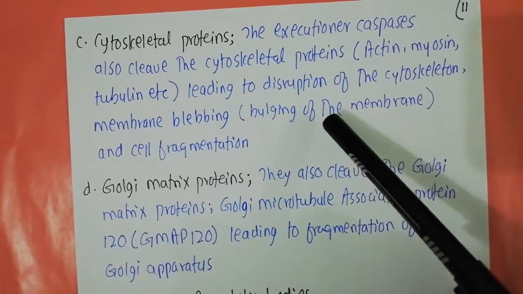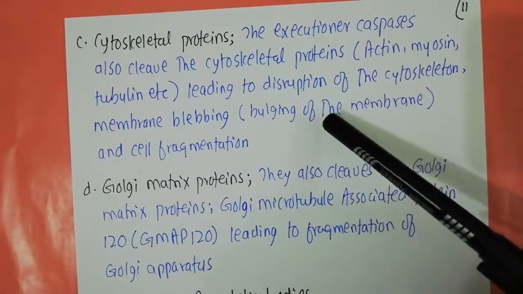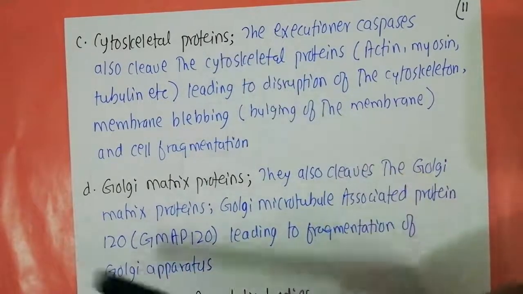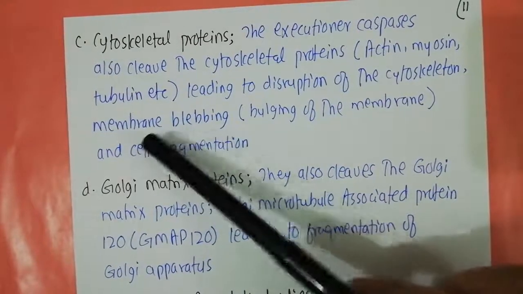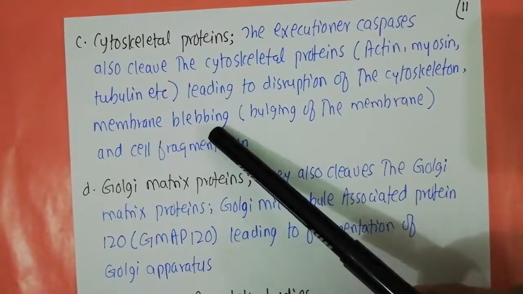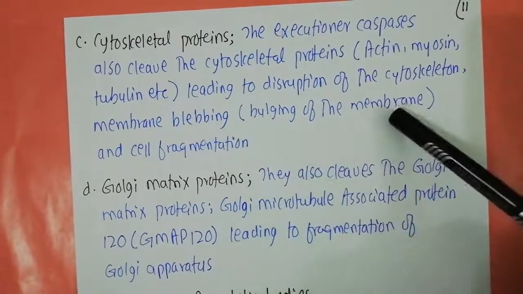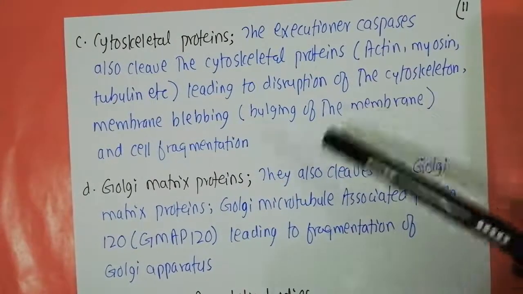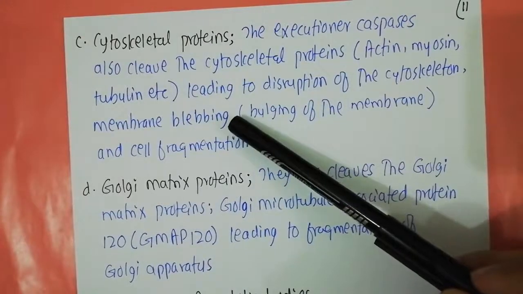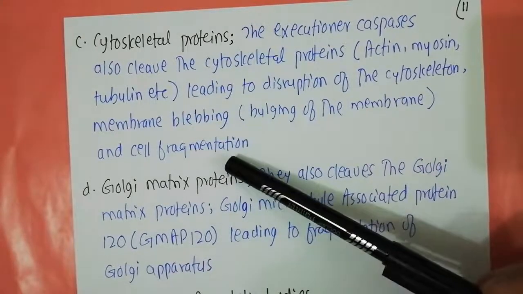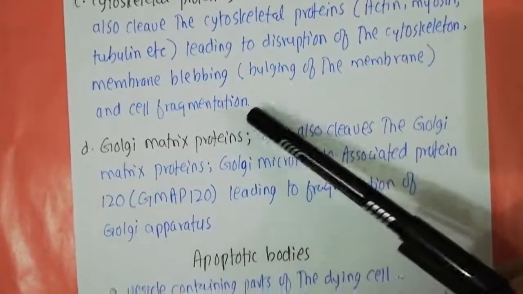Another important thing that happens because of the degradation of the cytoskeletal proteins is cell membrane blebbing. Blebbing is the bulging of the membrane, and when you have degraded the cytoskeletal proteins, you go for the membrane blebbing that leads to the fragmentation of the cell.